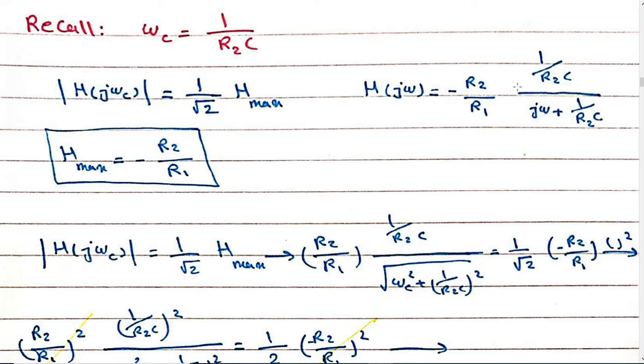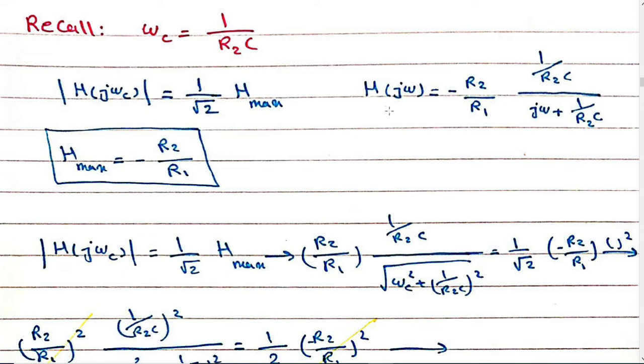Because this is a low pass filter. So what is the maximum value for this one? What is the H max? It's 1 times the constant K.